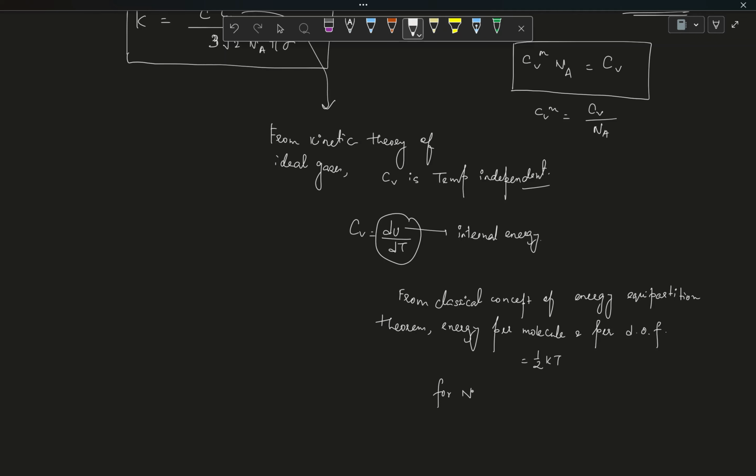So for n molecules and f degrees of freedom, it will simply be multiplied by both f and n.